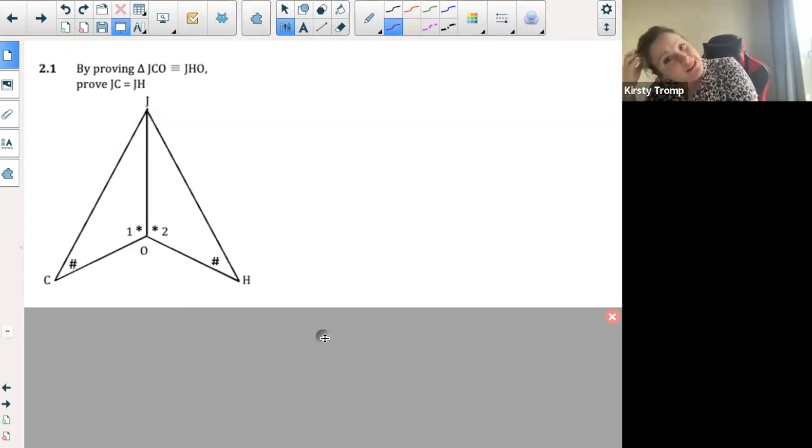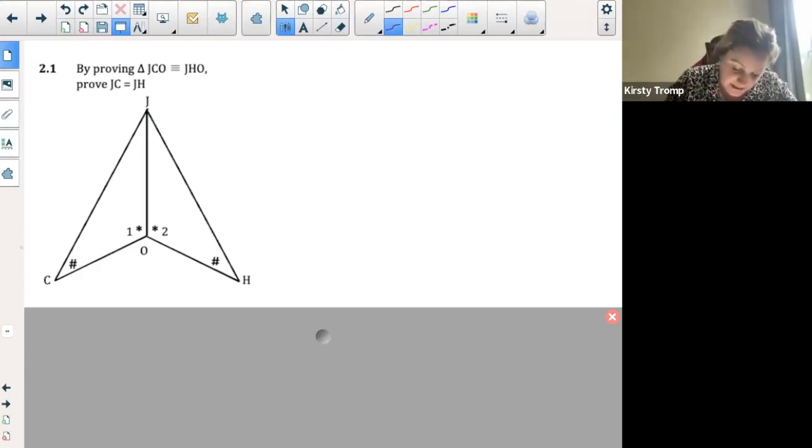Oh my goodness, now we have to look at something else. They've given me little stars and little hashes. I need to prove that these two triangles are congruent.